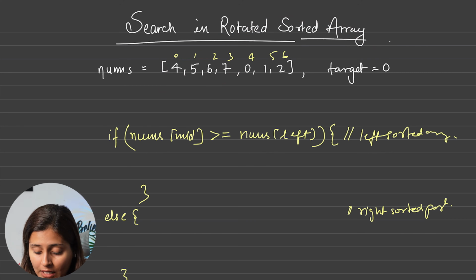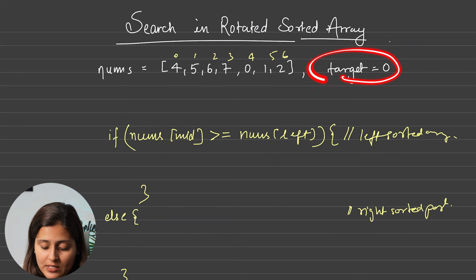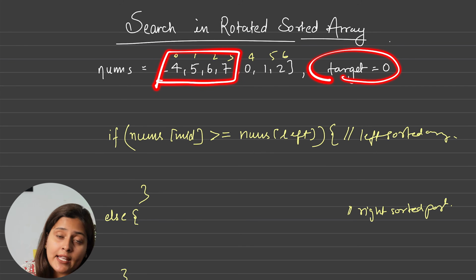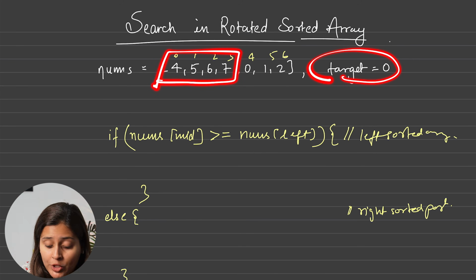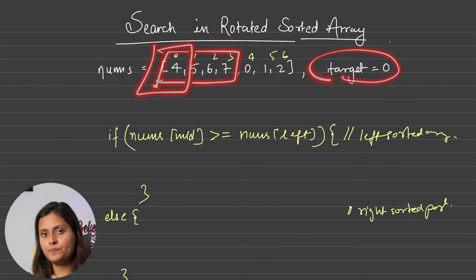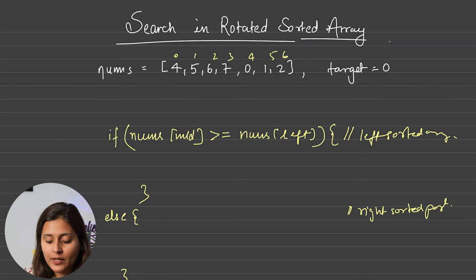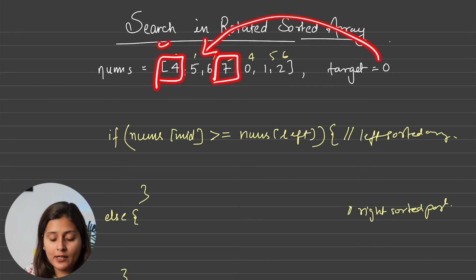How? If the target lies in between this, so definitely the target should be greater than or equal to the left value and less than or equal to the mid value. Yes or no? Because I know these two pointers only, and if 0 lies in between, then it should lie from this part to this part. Yes.